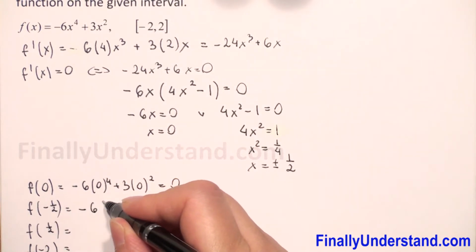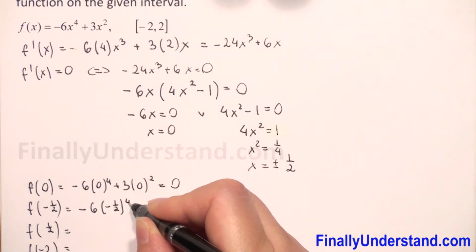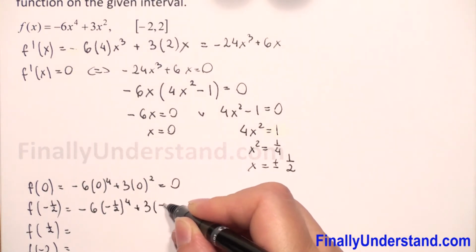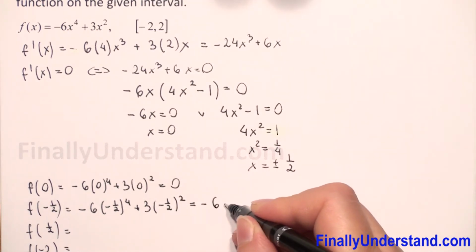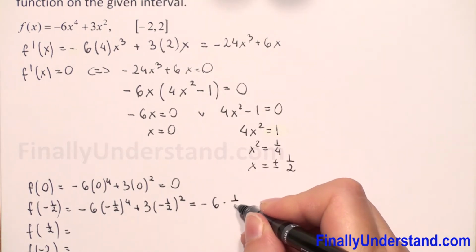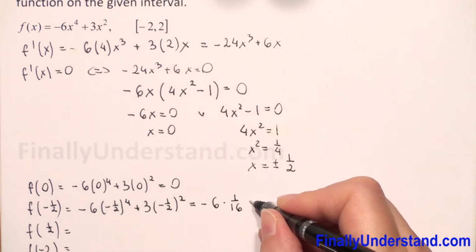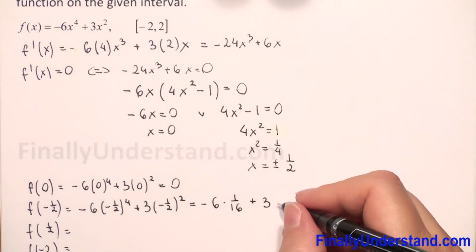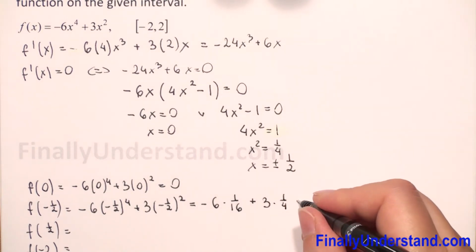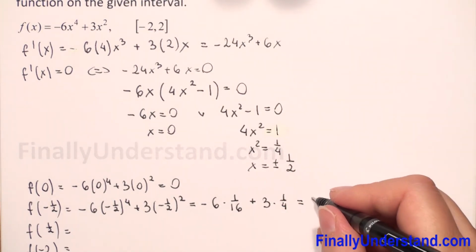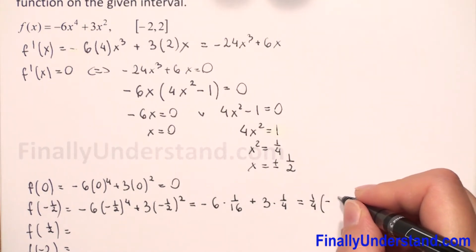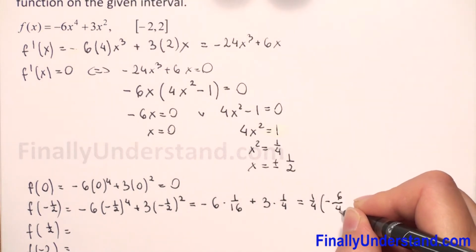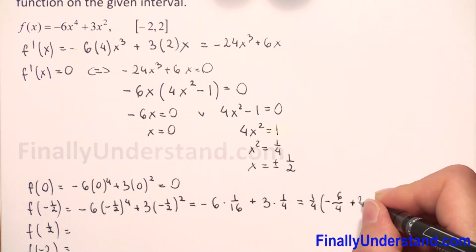Now we have to put negative 1/2 for x. So it will be negative 6 times negative 1/2 to the 4th power plus 3 times negative 1/2 to the second power. Negative 1 over 2 to the 4th power will be a positive number, 1 over 16, plus 3 times 1 over 4. We can factorize 1 over 4, so in parentheses we will have negative 6 over 4 plus 3.